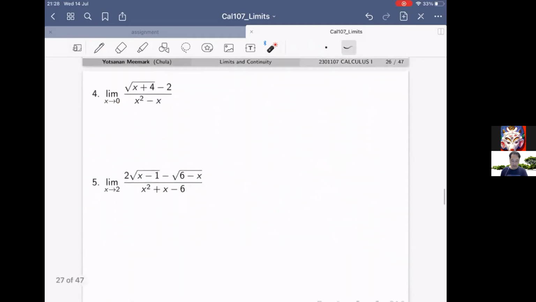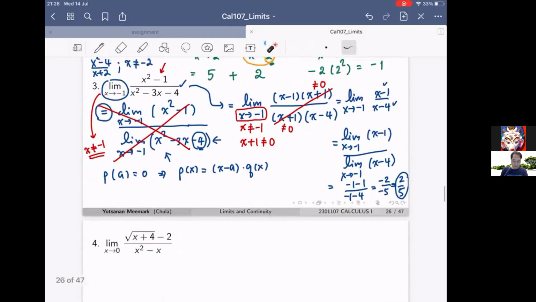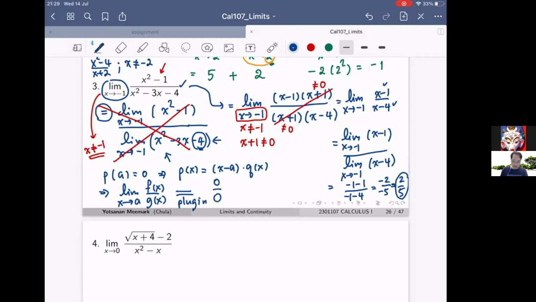So how about this one? Again, if you take a look at this problem, it's not only the bottom that is 0, but also the top that is 0. This means that if the limit as x goes to a of f of x over g of x equals 0 over 0 when you plug in, then you need to do a manipulation.